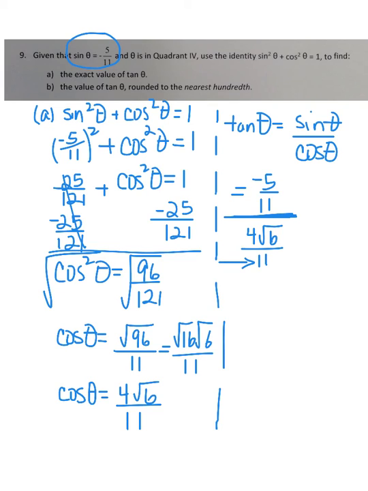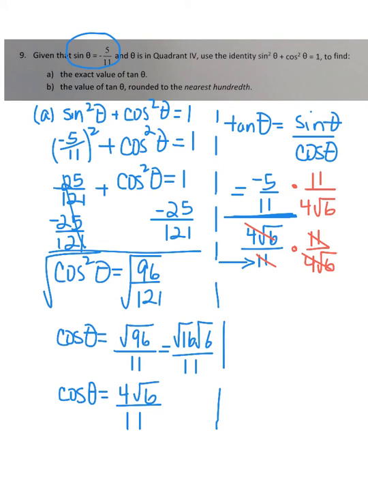Okay, so I've got a fraction within a fraction there. So what I'm going to do is multiply the denominator by the reciprocal of itself, which will cancel all of that out. But I can't just do that. I would have to then multiply the numerator by the same thing. So 11 over 4 radical 6.